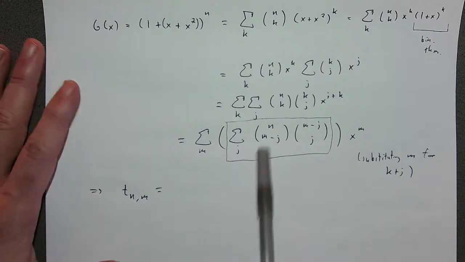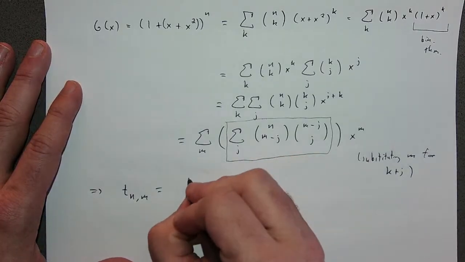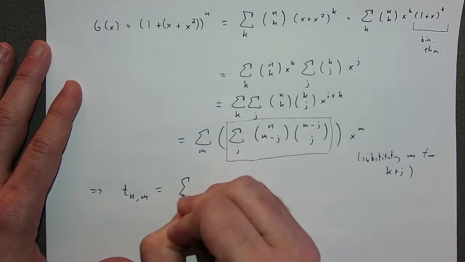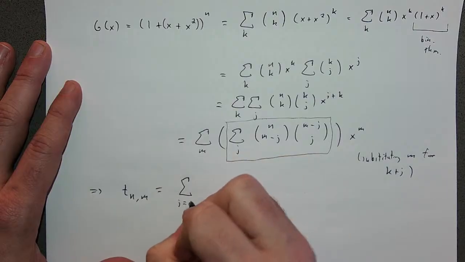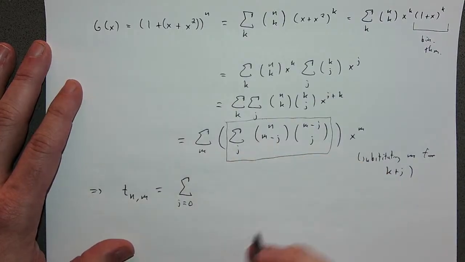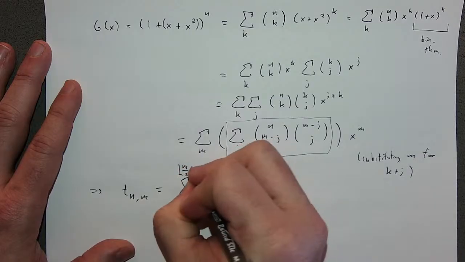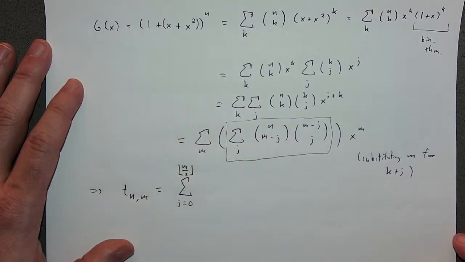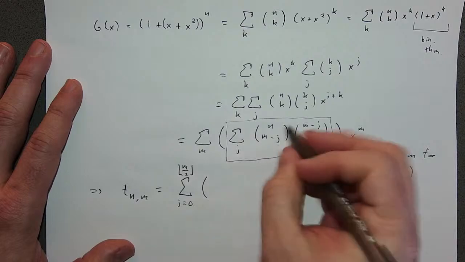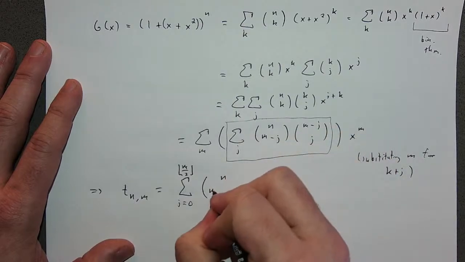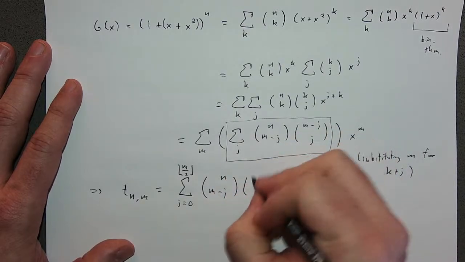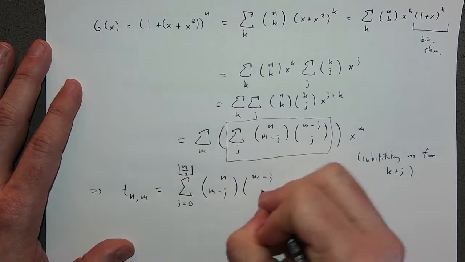This is a sum from j equals 0 to the floor of m over 2 of these coefficients n choose m minus j, times m minus j choose j.